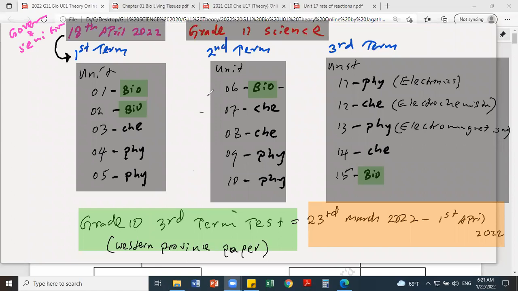Quickly copy down this grade 11 term wise breakdown of the syllabus. Please raise your hand if you have copied this down. Anyone else to copy this down? So you write this in the grade 11 science content book, or if you have a new writing book, you write grade 11 science content.